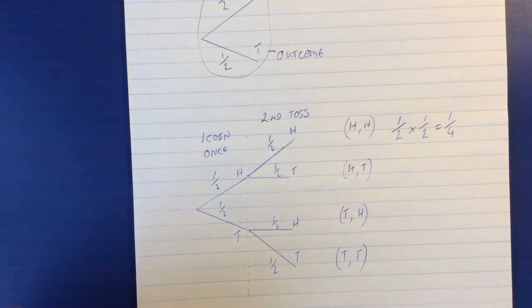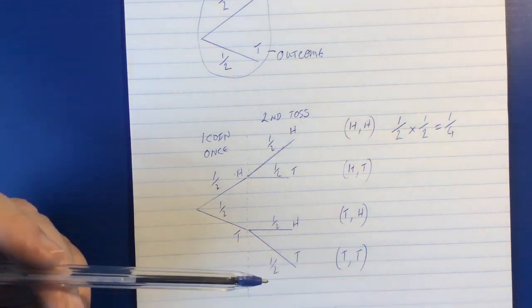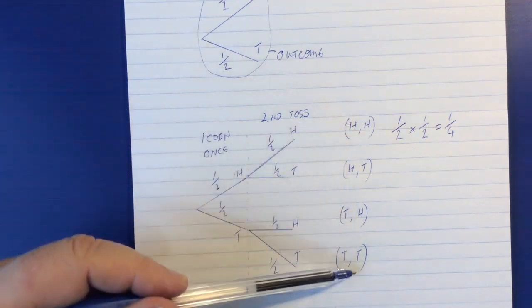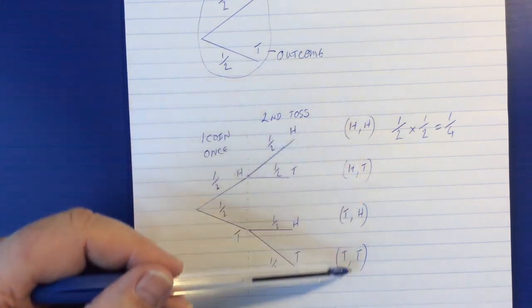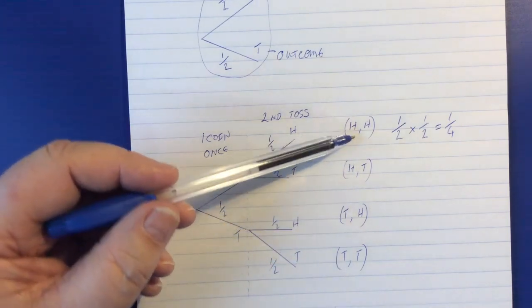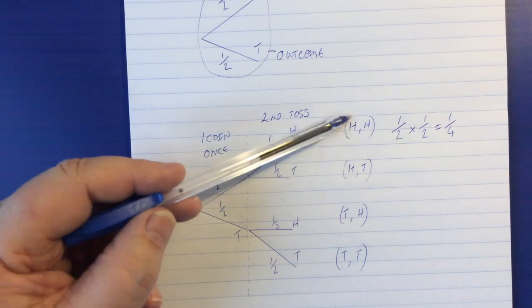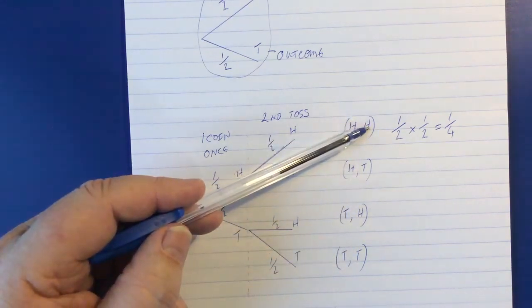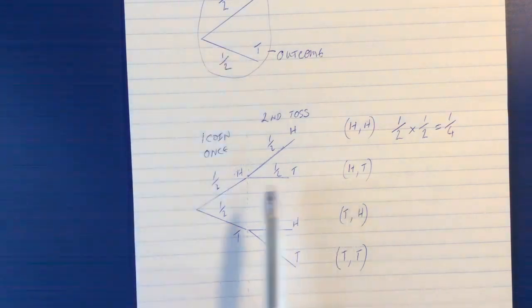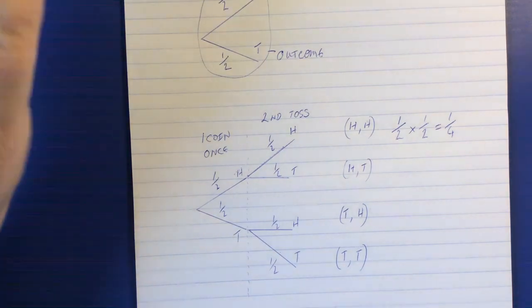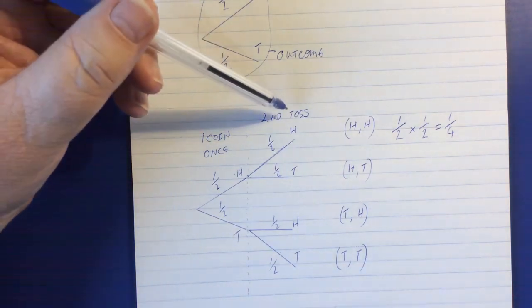And there's a certain logic to this. If you look at the possibilities that you can get from 2 tosses of a coin, what you'll see is that only 1 out of the 4 is a head and then a head. And that's how you set up a simple probability tree for something like 2 tosses of a coin.